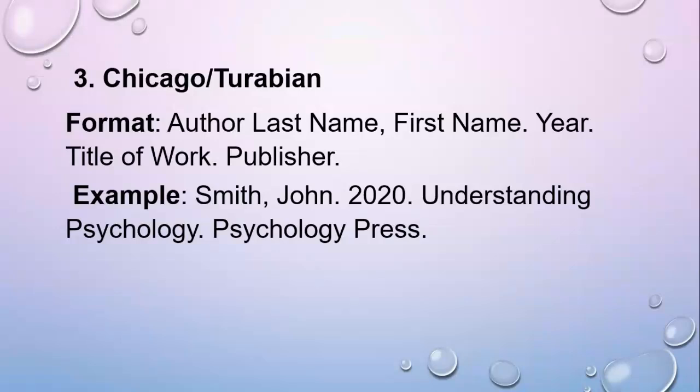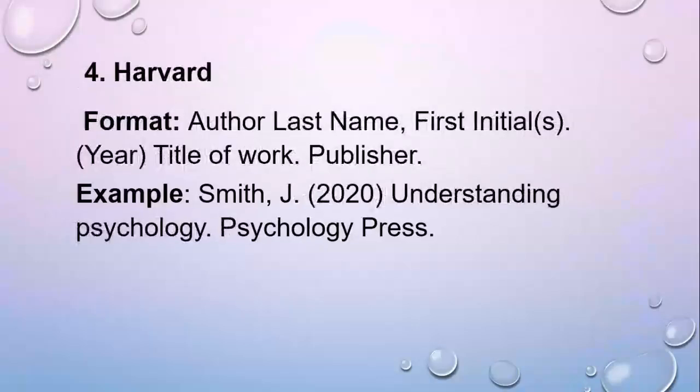But here is just a quick overview of the different techniques used. For Harvard, they use the author's last name and then first initials, year of publication, the title of the work, and the publisher, just like the example: Smith, J. 2020, Understanding Psychology, Psychology Press. This is not very different from the previous ones.